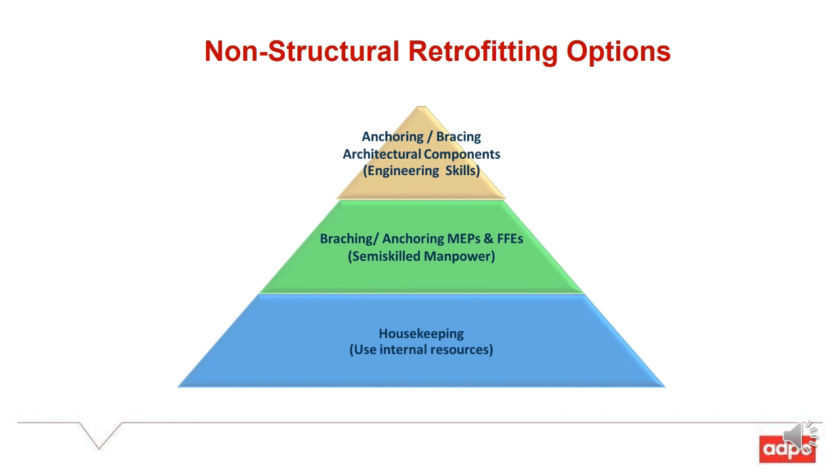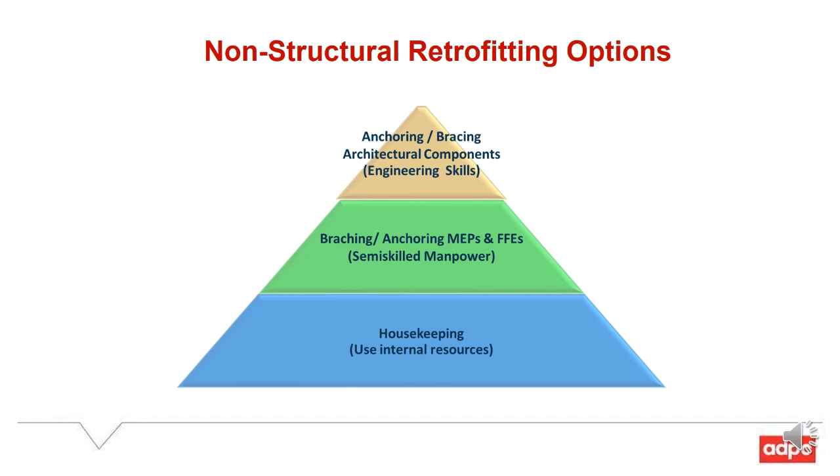Mitigation can also be done through non-structural retrofitting options, which are more cost effective and can be one of the priorities before we move to the structural part, and also after the structural part as well, because these may cause life and property damages.